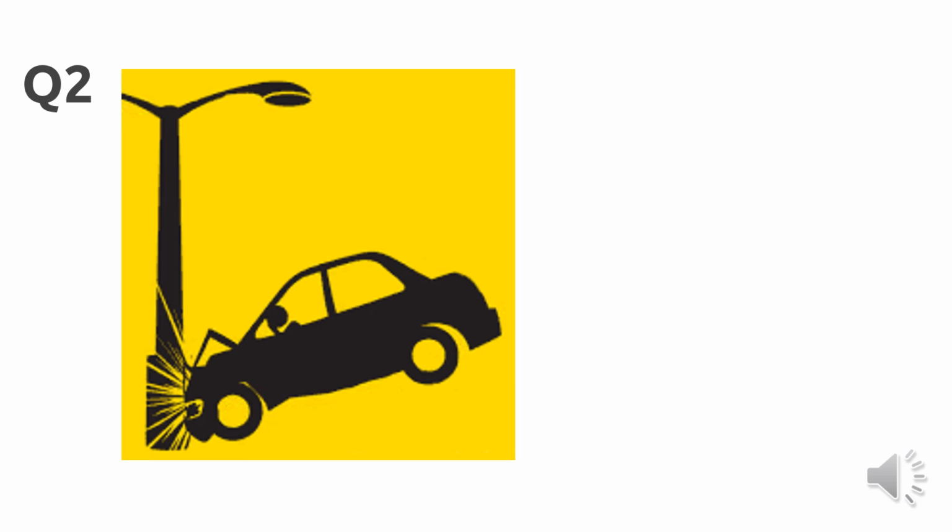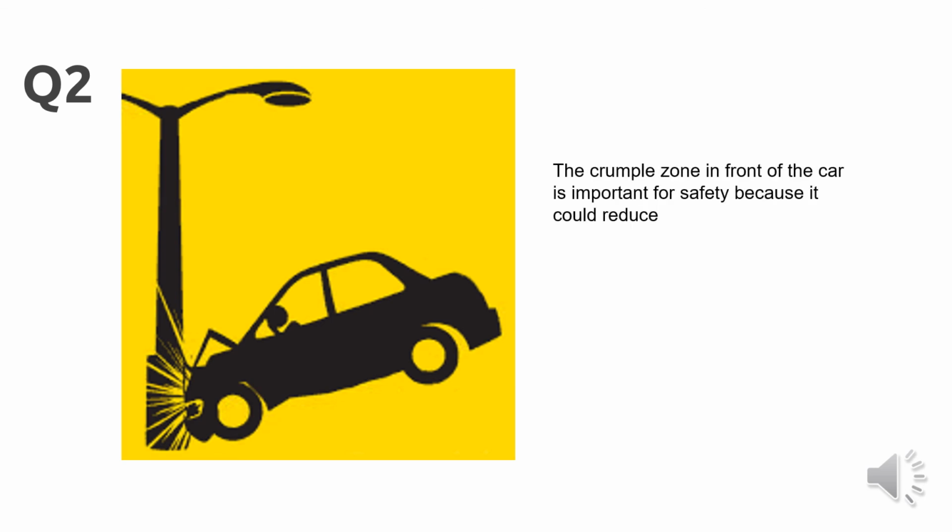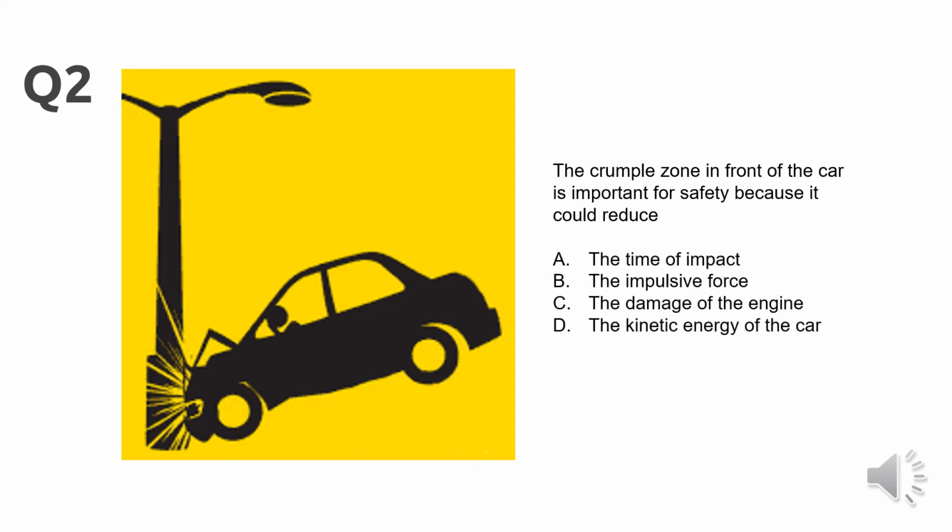Next, the crumple zone in front of the car is important for safety because it could reduce: A, the time of impact; B, the impulsive force; C, the damage of the engine; D, the kinetic energy of the car.